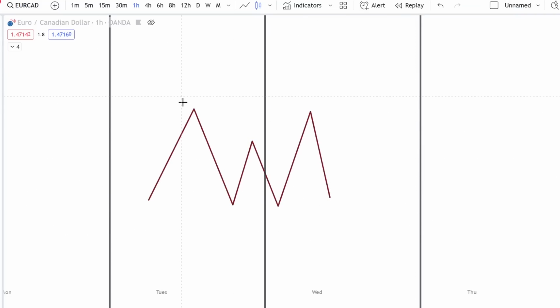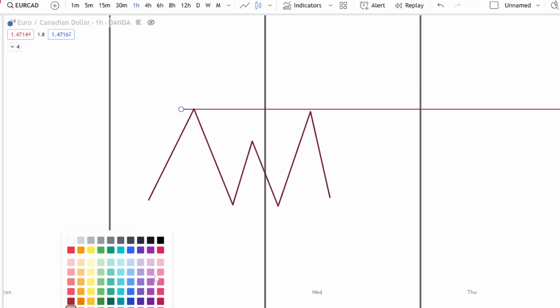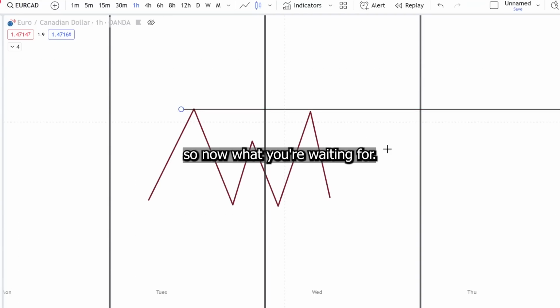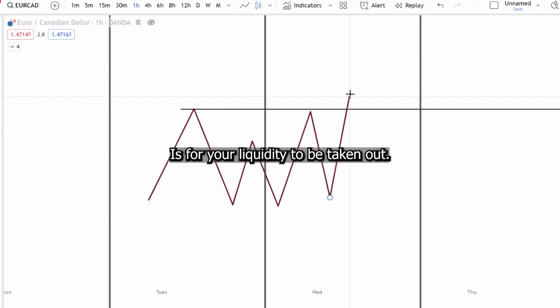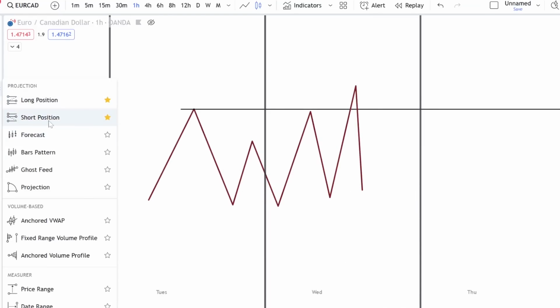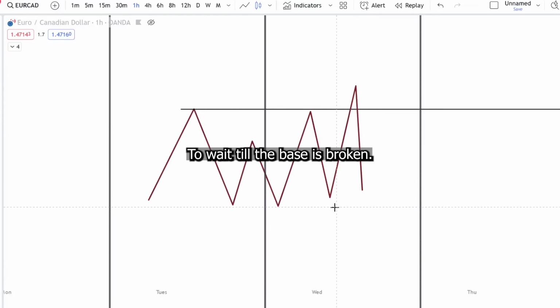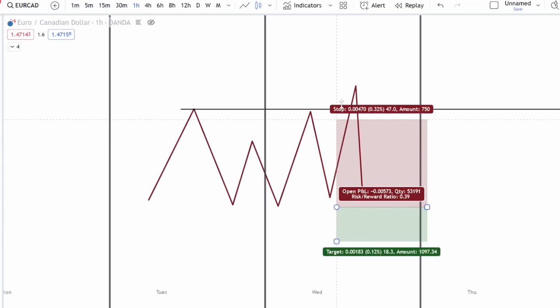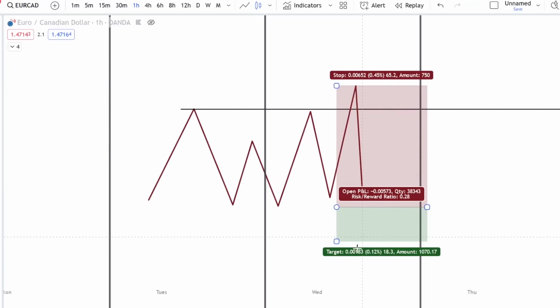So now what you're waiting for is for your liquidity to be taken out. Once your liquidity is taken out and price comes back inside the range, of course, if you're a continuation trader, the correct way to trade continuations is to wait till the base is broken. So once your base is broken, you can take a conservative stop loss right here.